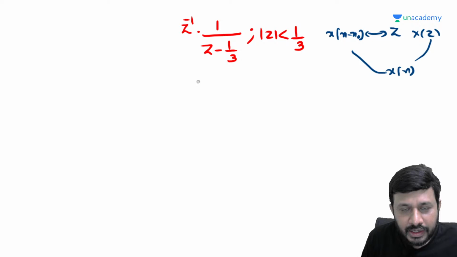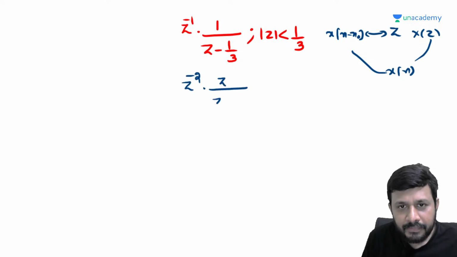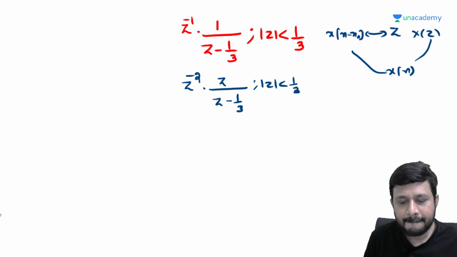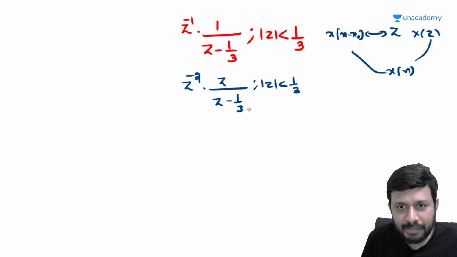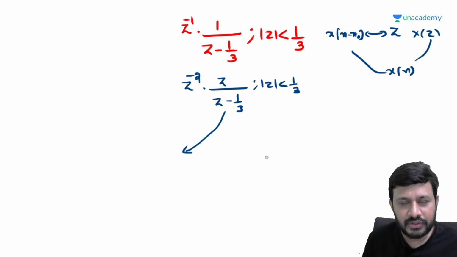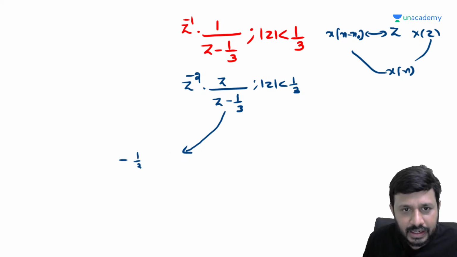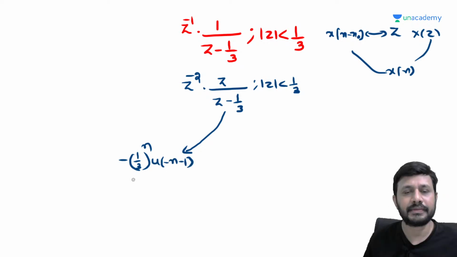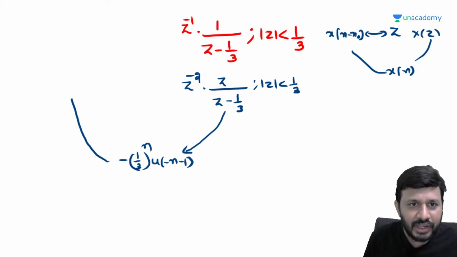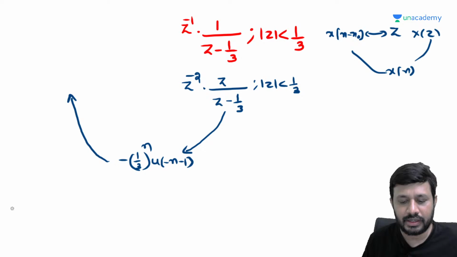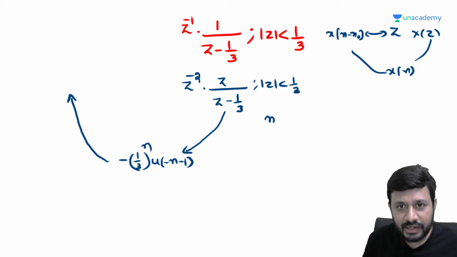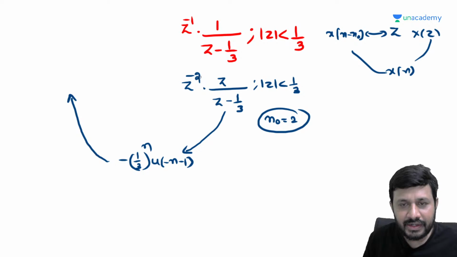Now, how can you modify this one? I can modify this as Z power minus 2 into Z by Z minus 1 by 3. What is the inverse of Z by Z minus 1 by 3 for mod Z less than 1 by 3? ROC is given, so it is minus a power n u of minus n minus 1. Now here, wherever you have n, replace it with n minus n naught. N naught value is 2.